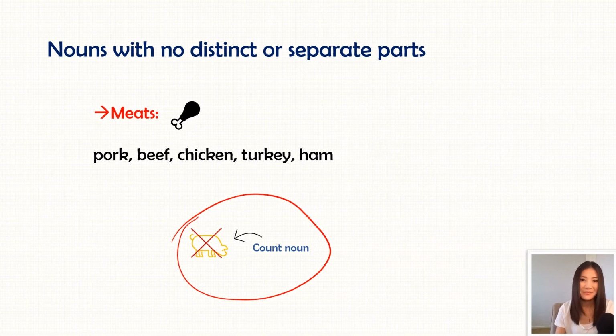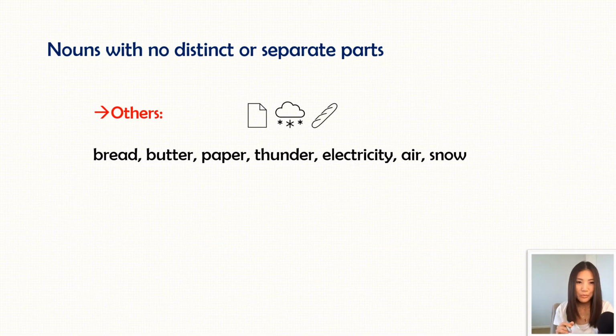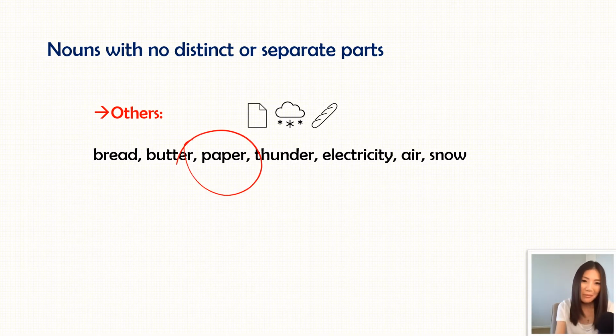And the last in this group, other nouns that have no distinct or separate parts, like bread, butter, paper, thunder, electricity, air, and snow, are all considered non-count nouns. I noticed that I used this word paper here, and a lot of my students in the past had questions about this word because they understood that we couldn't count air or snow or electricity, but they felt that they can count paper.